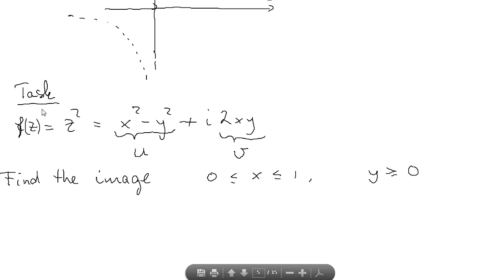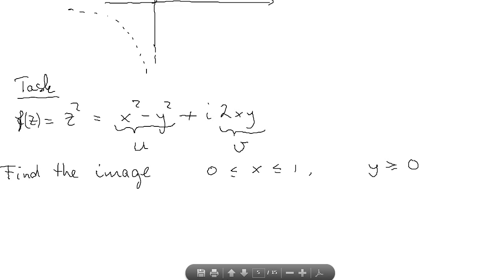So in this task we are considering the same function, and we want to find the image of this box, you can call it. All points described by this condition: x should be between 0 and 1, and y should be larger than 0.